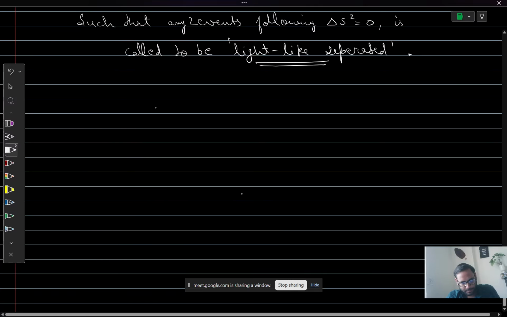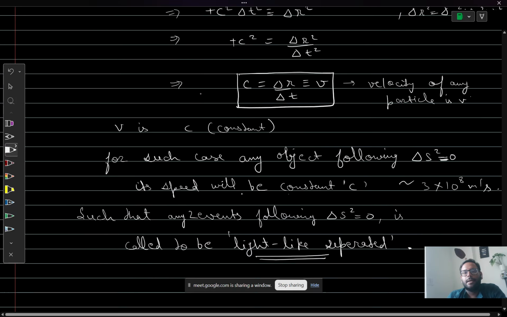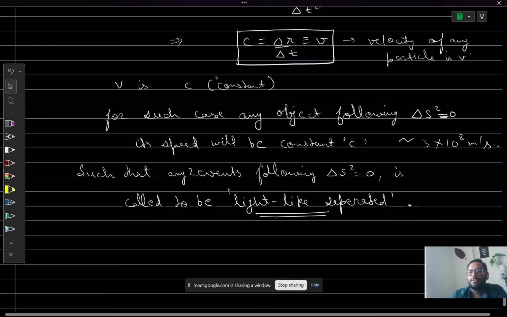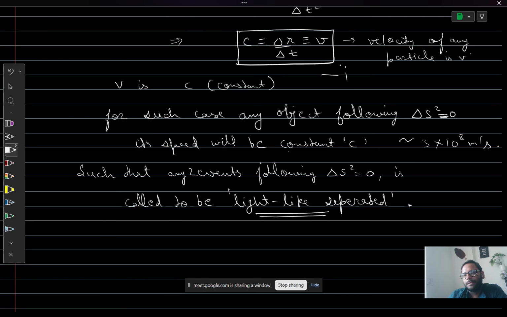One more thing, you can check that V by C is equal to 1 from this first equation.